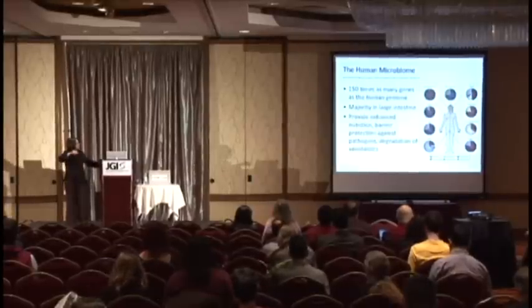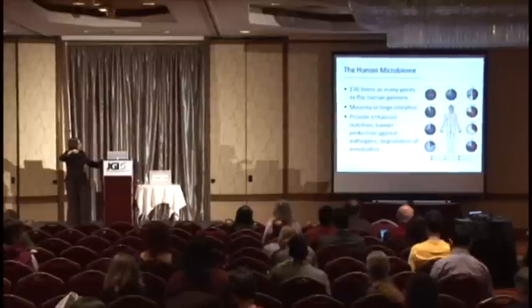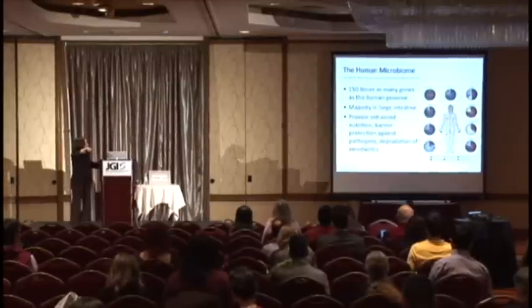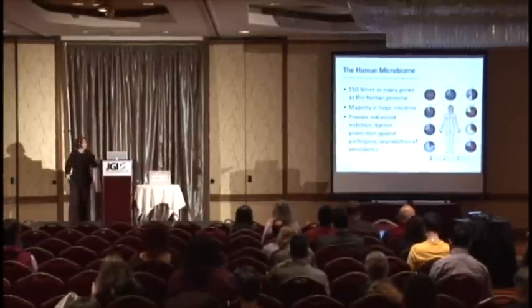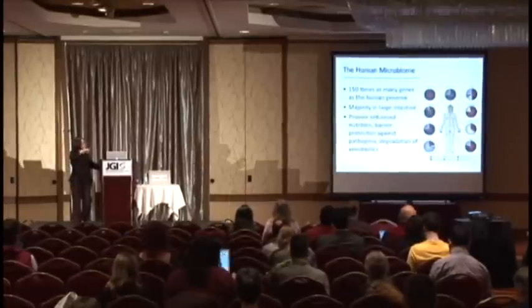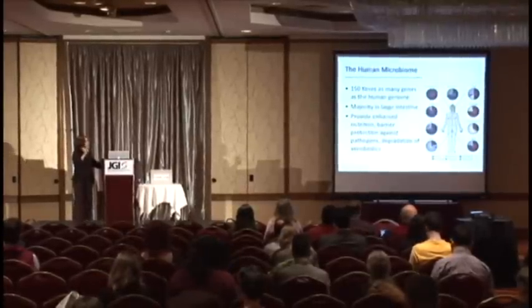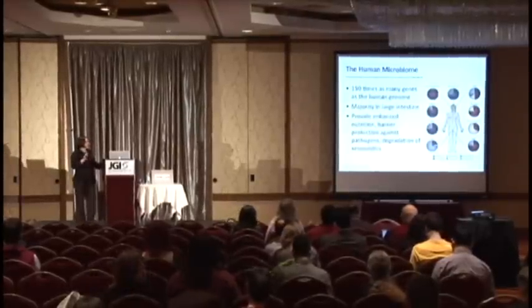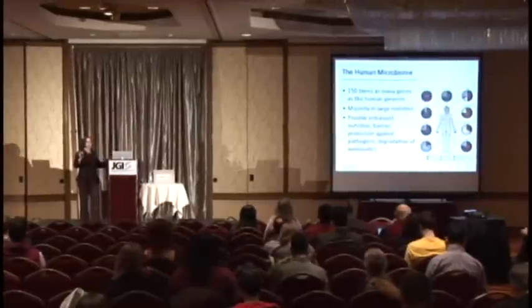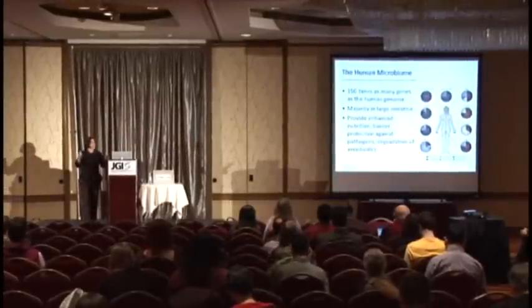And the gut microbial communities, which are shown here in this pie chart, have a particularly distinct composition compared to those of other body parts. They tend to be dominated by Firmicutes and Bacteroidetes and some Actinobacteria, and comprise somewhere between maybe 500 or 1,000 distinct species, types of bacteria.